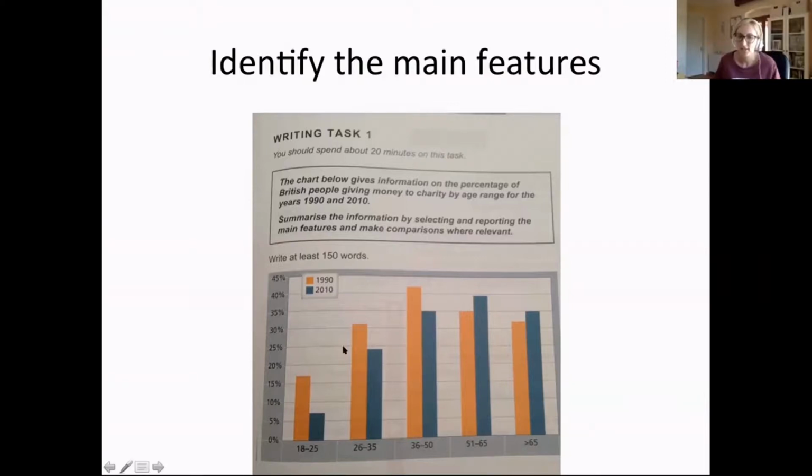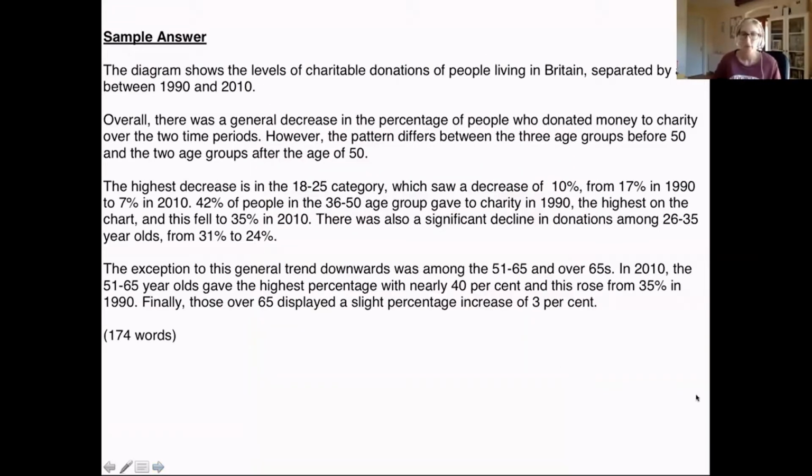So let's have a look at the model answer and see how they've answered this question. So paragraph 1, they have paraphrased the question. So it says, the diagram shows the levels of charitable donations of people living in Britain separated by age between 1990 and 2010.